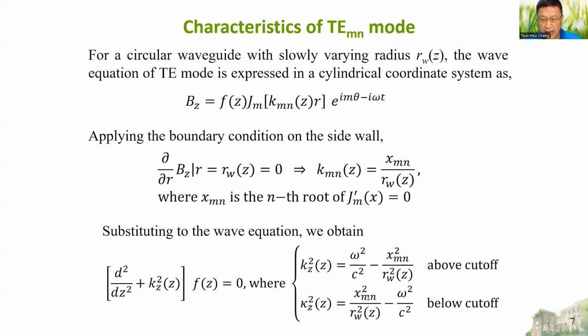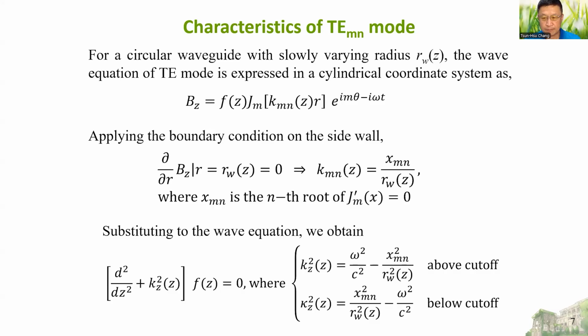However, if this is less than 0, that's below cutoff, and what will happen? k_z will be complex below cutoff, exponentially growing or exponentially decaying.